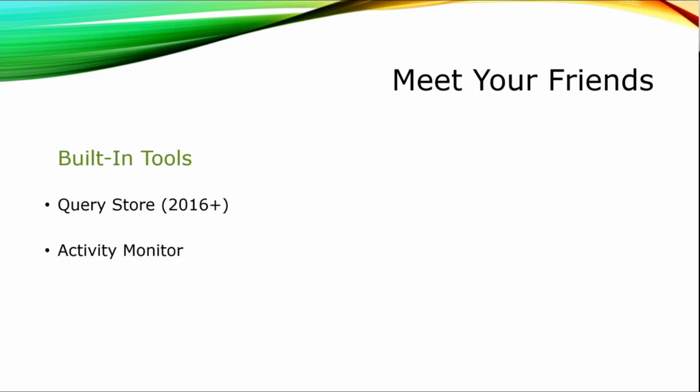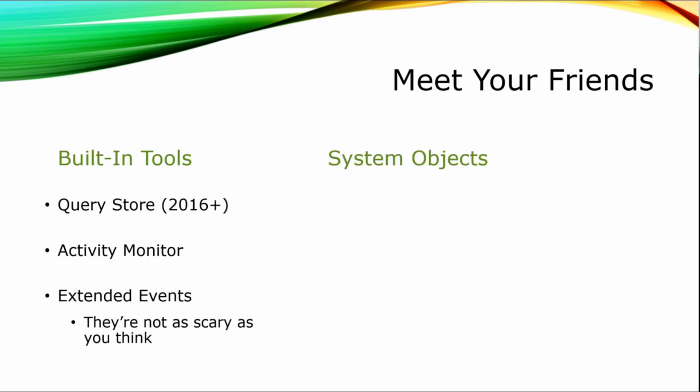Activity Monitor, which is my favorite tool for the in-the-moment, everything's slow, what is going on? And then extended events. I promise they're not as scary as you think. They can be such a huge help. And there have been a number of sessions that talk about how easy they are to set up. So spend some time, get used to them, really helpful.